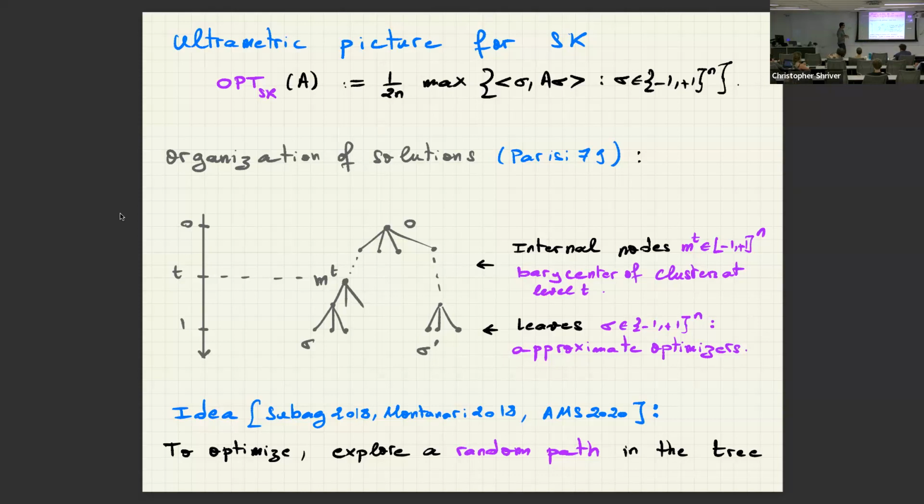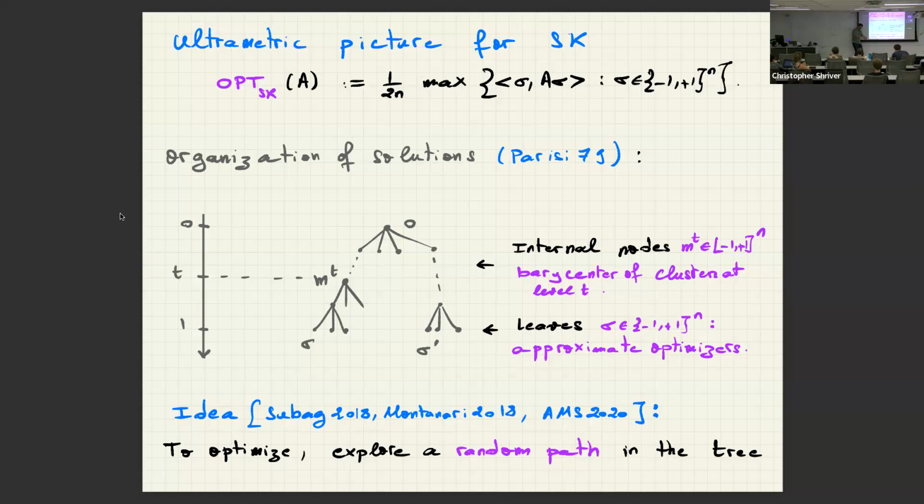Additionally, the law of these MTs, so you can look at this MT and it's a martingale. MT is a martingale as a function of t because you're doing averaging.